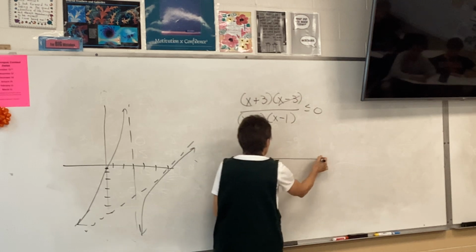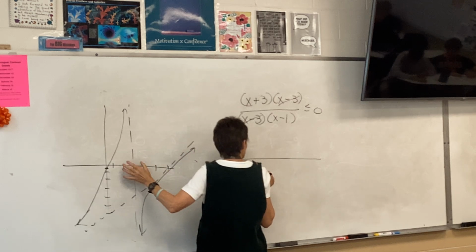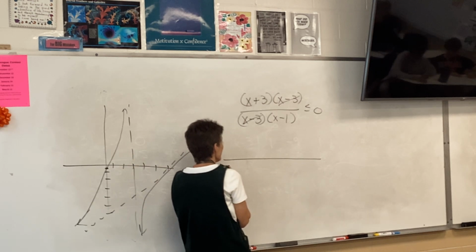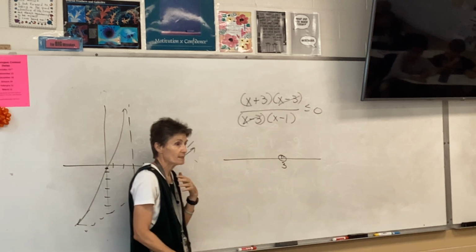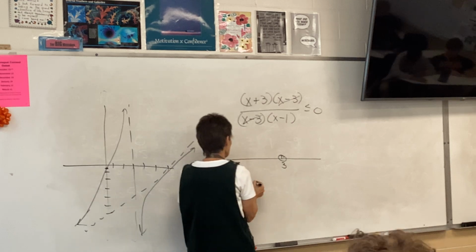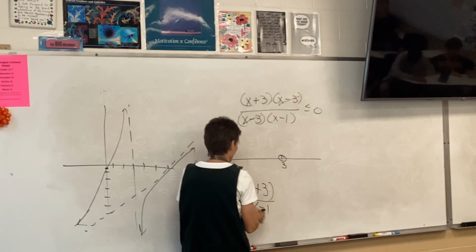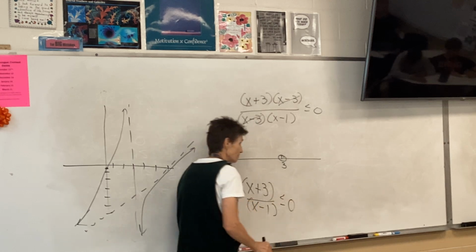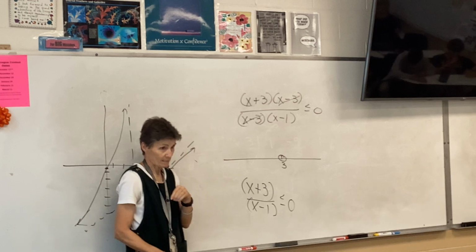Now, here's the scoop. We're not graphing it like this, but on your number line at 3, you have to put an open dot. Because even though that's going to leave the problem, in the original problem, which is what you are solving, could x be 3?